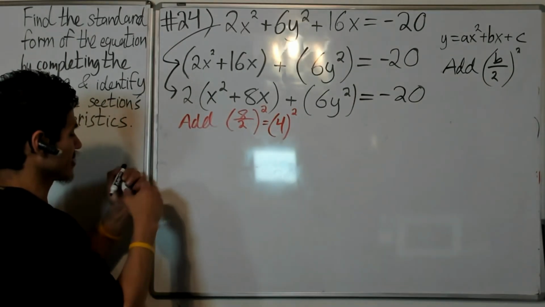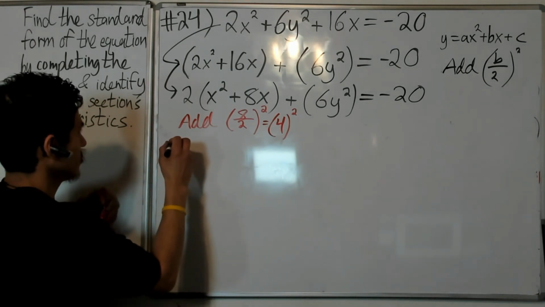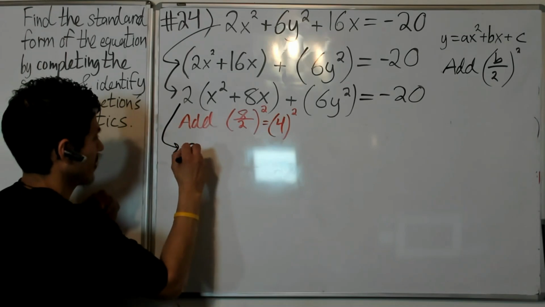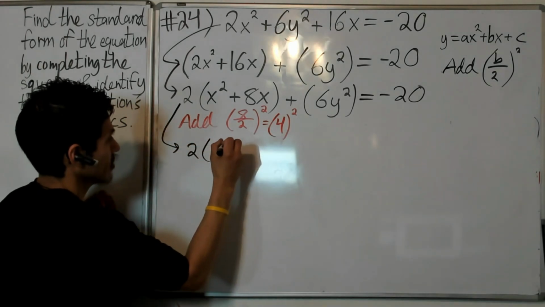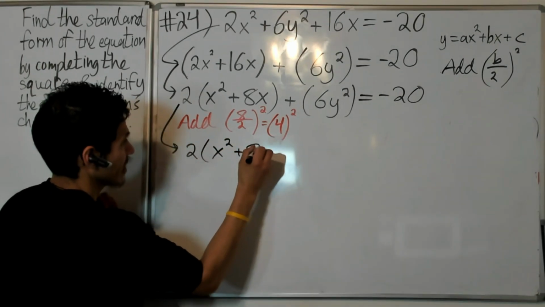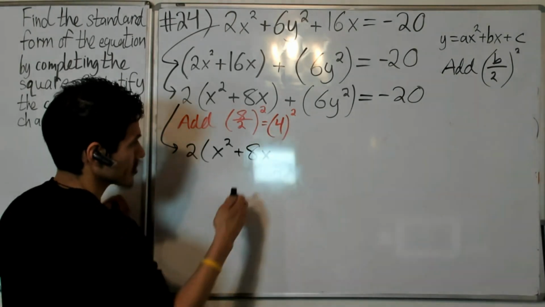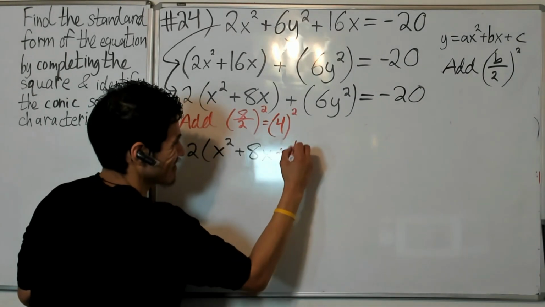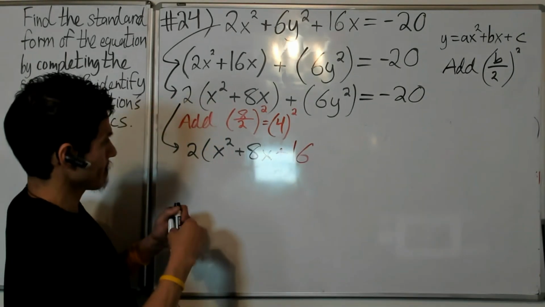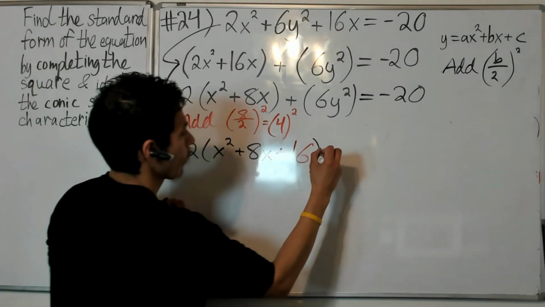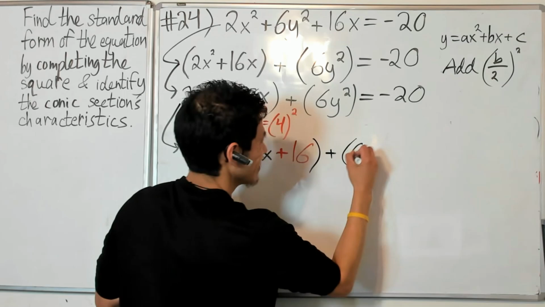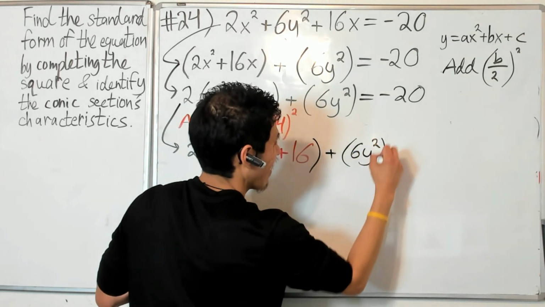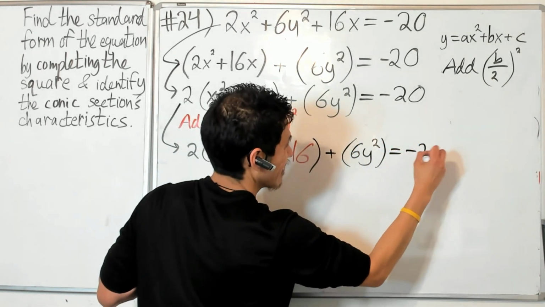Let's rewrite this part as 2 times x squared plus 8x plus 4 squared. 4 squared is 16, plus 16, plus 6 times y squared equals negative 20.